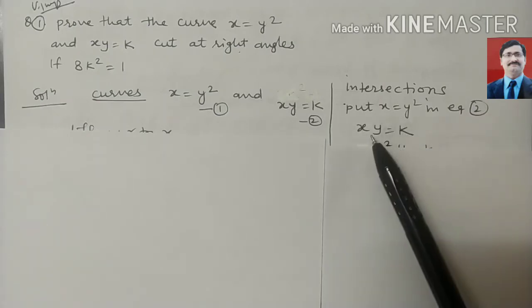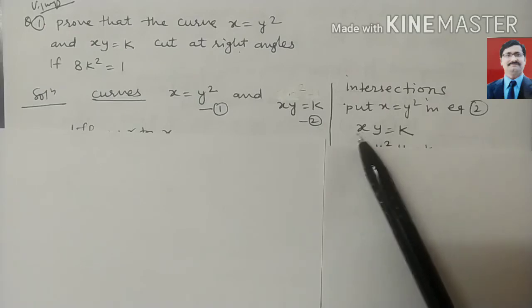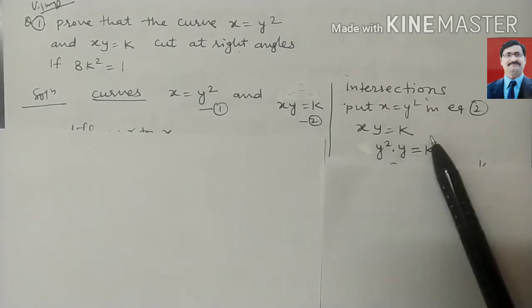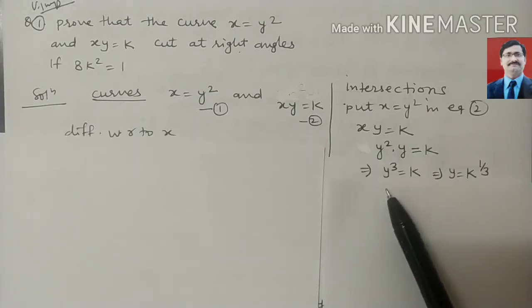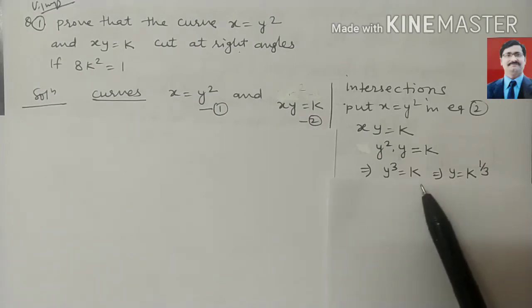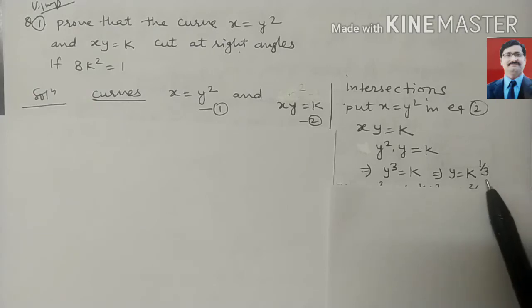Here xy equal to k is the second equation. In place of x we put y square, and we get y square into y equal to k, so y cube equal to k. From here we get y equal to k power 1 upon 3.